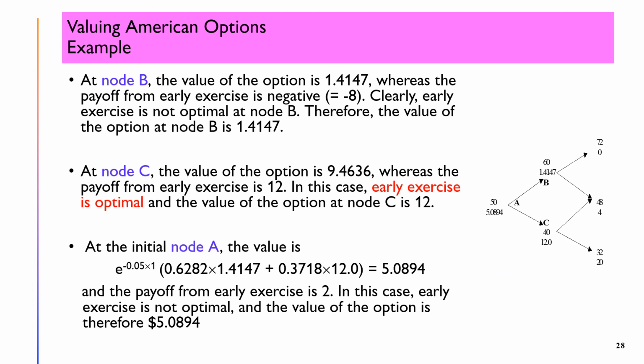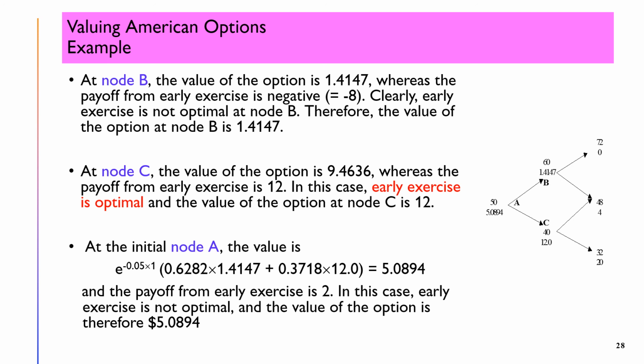This slide shows the detailed calculation and explanation. I hope you will spend some time going through the calculation. The important point is, after we have calculated the option value using the one-step formula, we shall compare the option value with its intrinsic value.